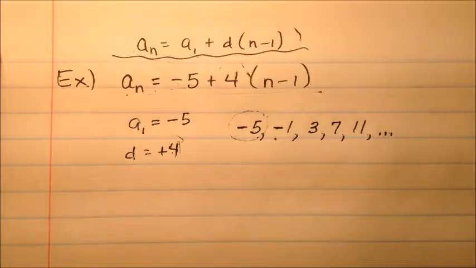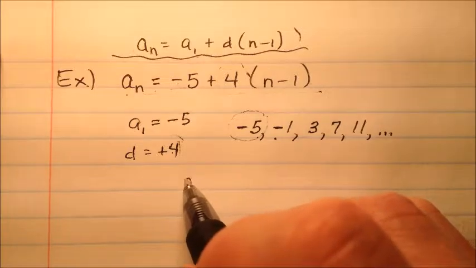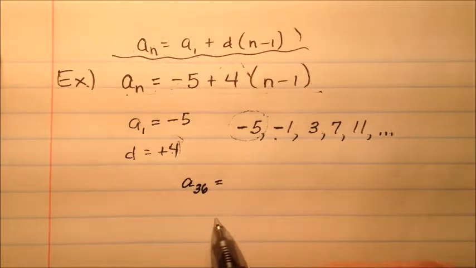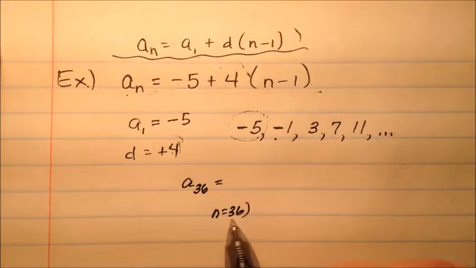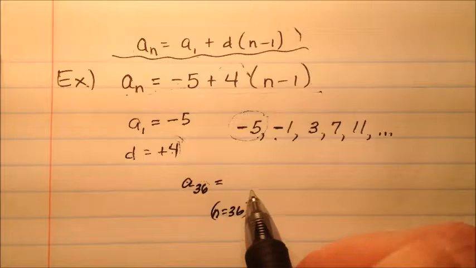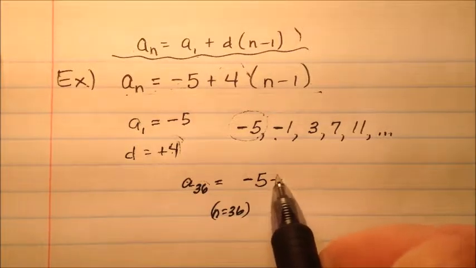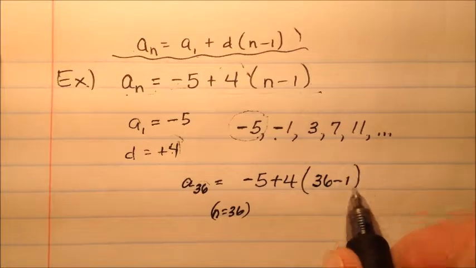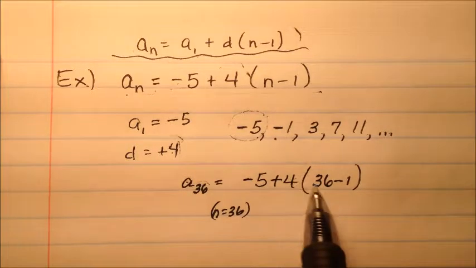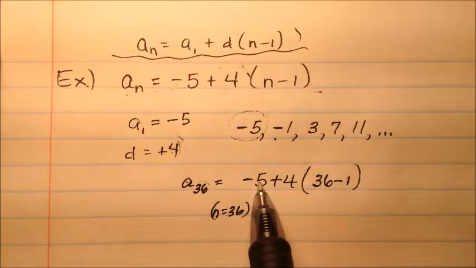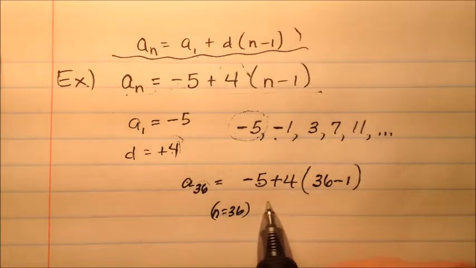Or maybe we were thinking about, well, what is, say, the 36th term? That means my n value is 36, since I'm looking for a sub 36. So it's going to be negative 5 plus 4 times 36 minus 1, because I only have to add 4, 36 minus 1 times to negative 5 in order to get my 36th term.